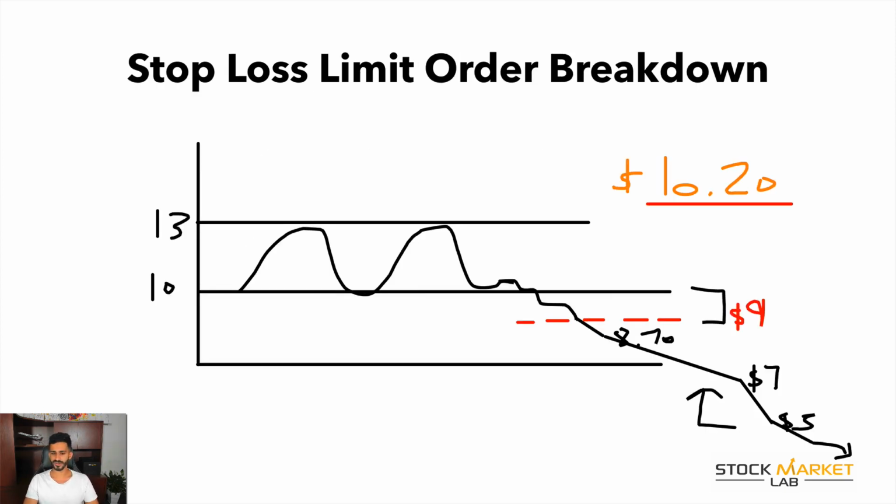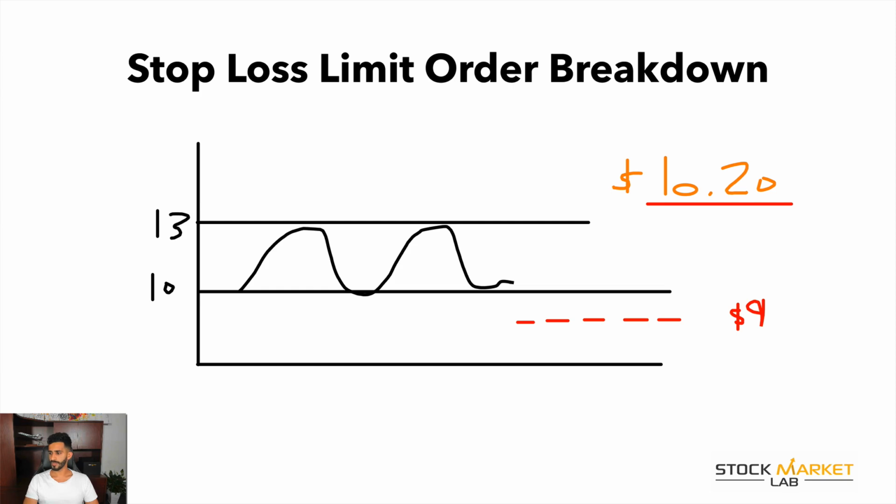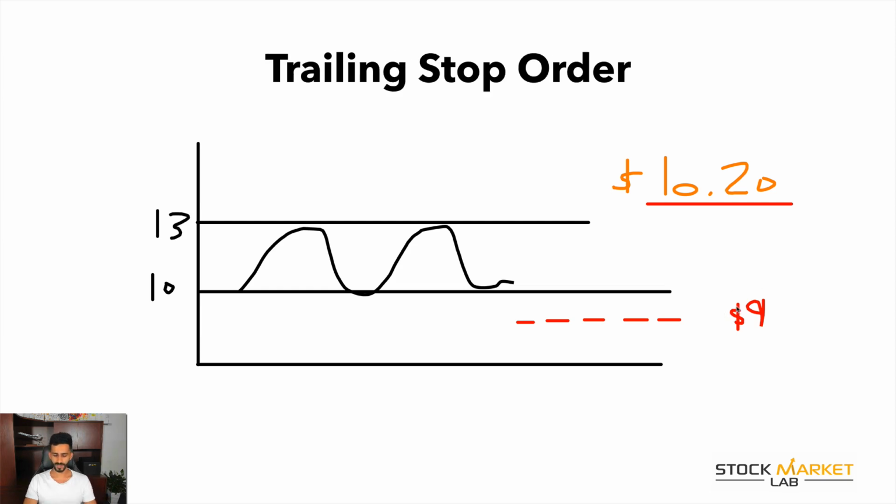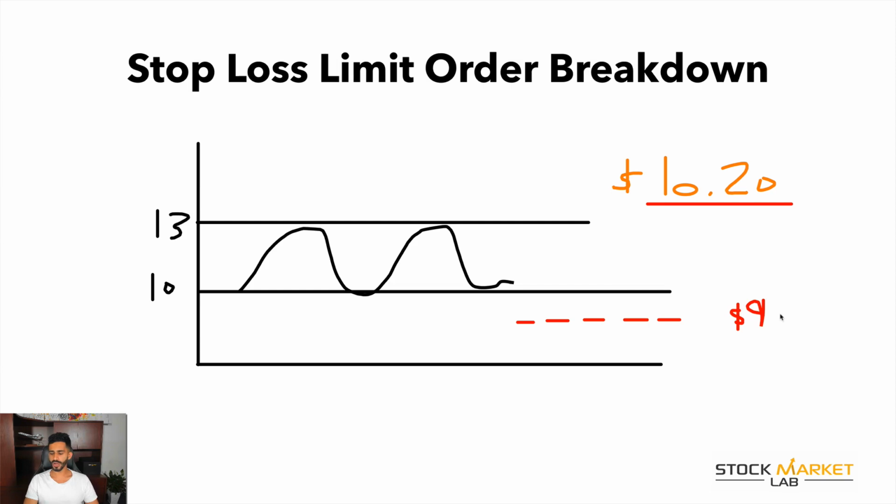So let's take the same example again, the same exact point. Let's say I buy the stock at 1020. I put my stop at 9. Now with a stop loss, it triggers as a market order. When I put 9, it puts it as a market order. With the stop limit order, once I put 9, I now have to put a limit sell order.